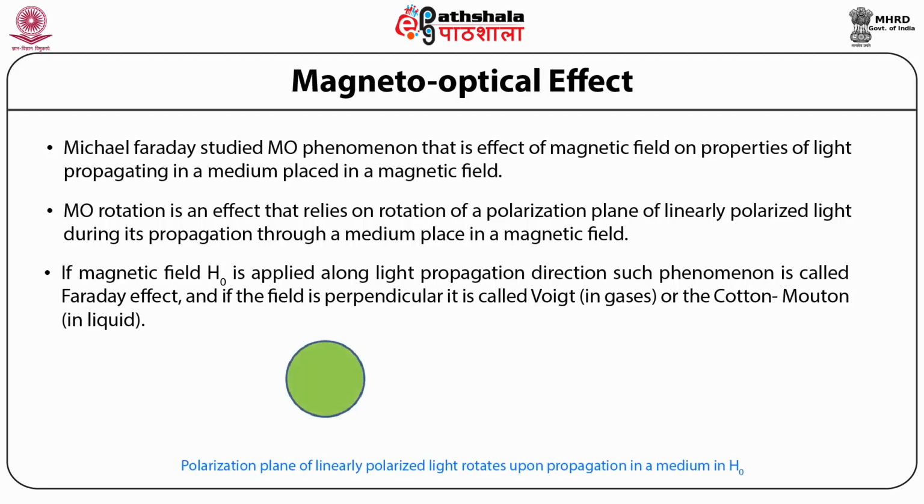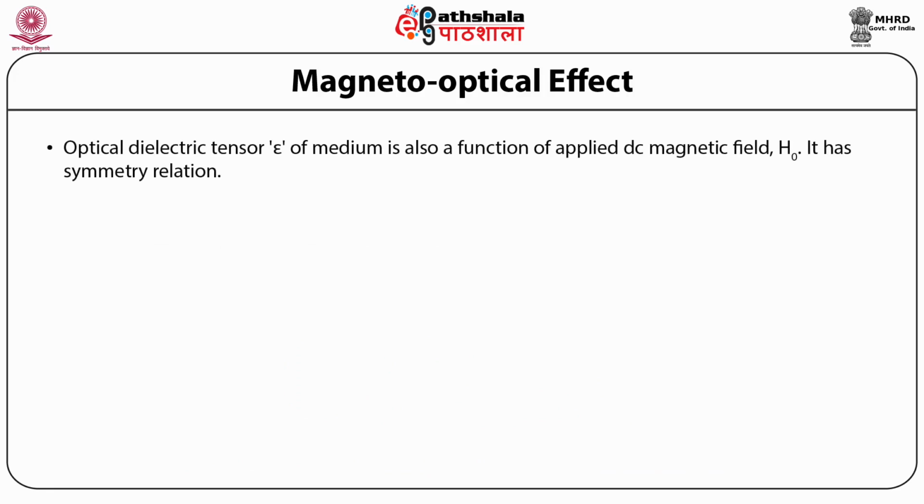So this figure shows the polarization plane of linearly polarized light which rotates upon propagation in a medium in H₀. The optical dielectric tensor ε of the medium is also a function of the DC magnetic field H₀, which has a symmetry relation ε_ij(H₀) equal to ε_ji(−H₀). In a non-dissipative medium, it is Hermitian.